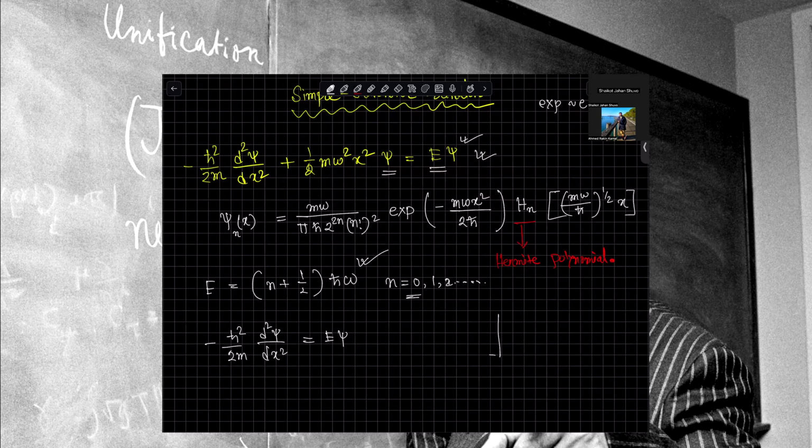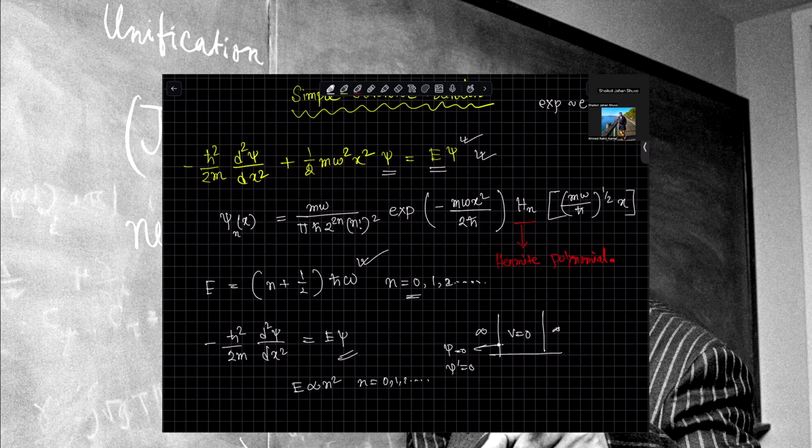The setup is something like this. Here you have zero potential, here you have infinite potential, and the boundary conditions are that here the wave function psi is 0 and psi prime is 0 as well. Try to solve this, and you will see these energies are proportional to n squared, where n is again 0, 1, 2, and so on.